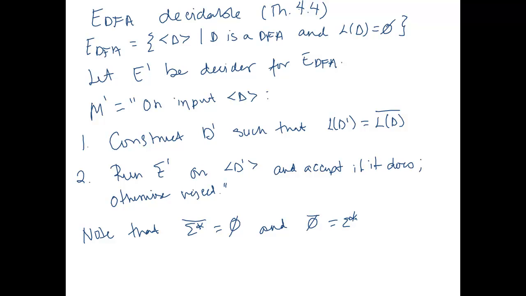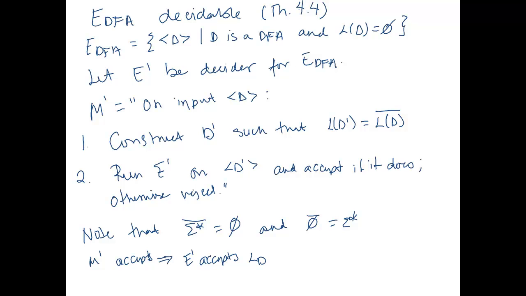Okay, so, see if I can stay on the same page. So if M prime accepts, this means E prime accepts, and I'm going to jump from the machine descriptions just to the language. No, I'm not. It's not technically correct. All right, we'll do the machine descriptions.